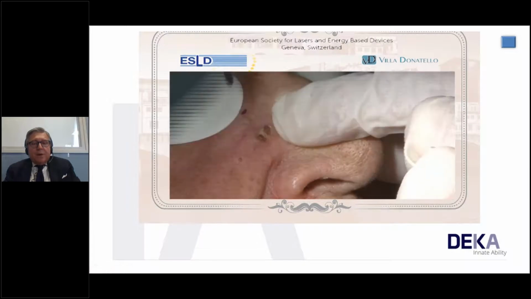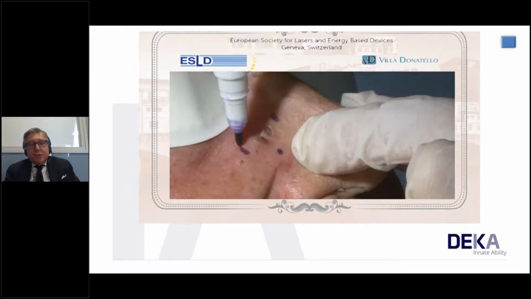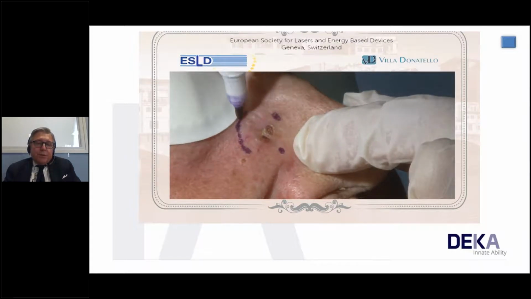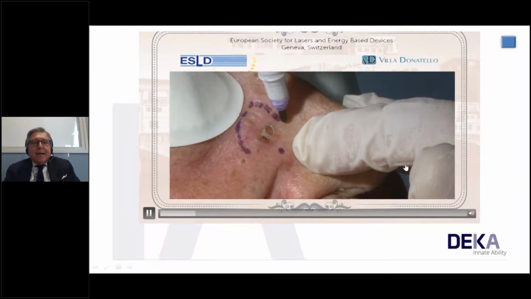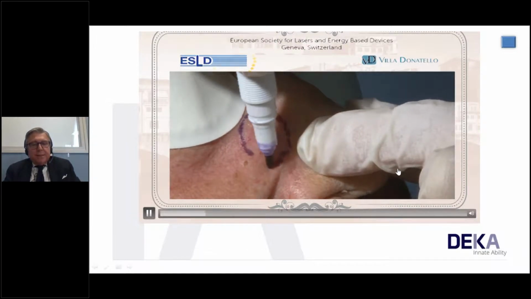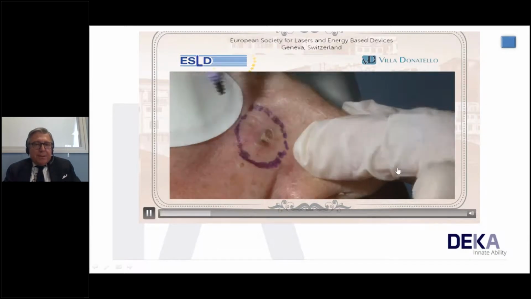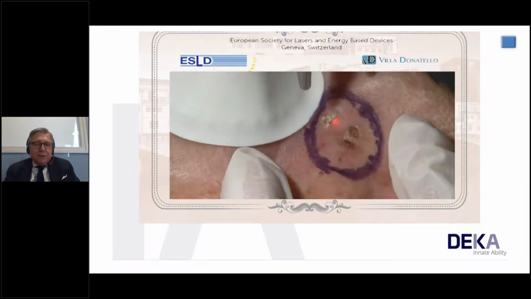This is one of the BCC that we treated. It's very important to highlight that we don't treat any kind of basal cell carcinoma with the laser. We have to select. We need inclusion criteria: the BCC must be less than 1 centimeter, 1 centimeter and a half.